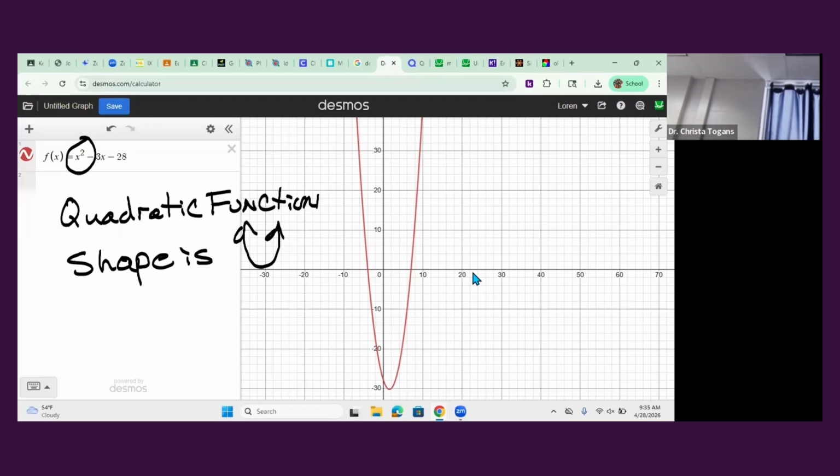And then I want them to recognize that the shape is a U and that it crosses the x-axis at the x-intercepts, and then relate that to the factors that you found in the original question when we simplify. And I wanted them to recognize that y is the same thing as f of x, and that the parabola, or the quadratic function, is not the same thing as a line. It's distinctly different.